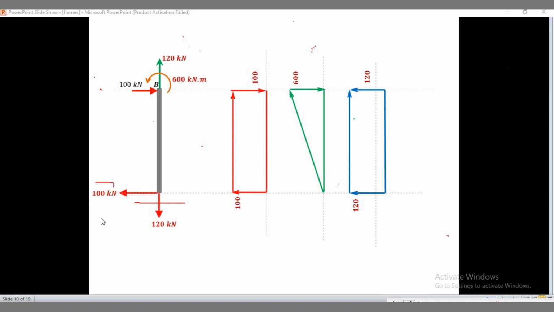So, meron tayong pataas na 100 kilonewtons. Then, walang load. So, diretso lang. Then, may pababa ulit. For the moment, from 0, the area of this rectangle is 100 times 6. 100 times 6 is 600. Then, meron tayong counterclockwise na moment dito. So, pababa, 0 siya.